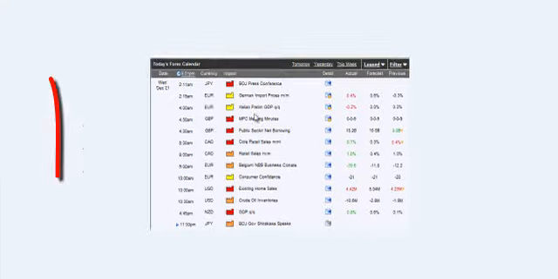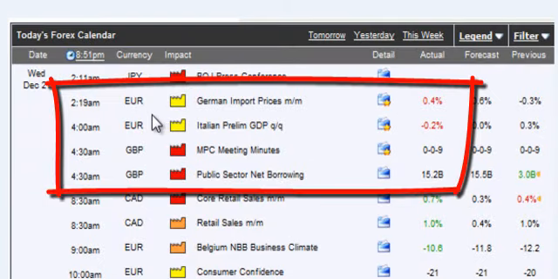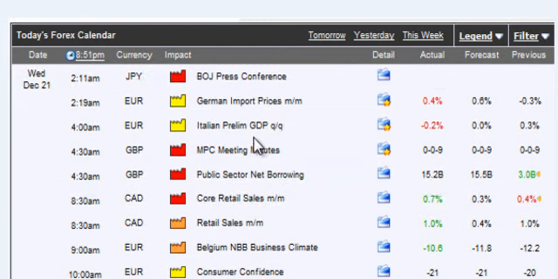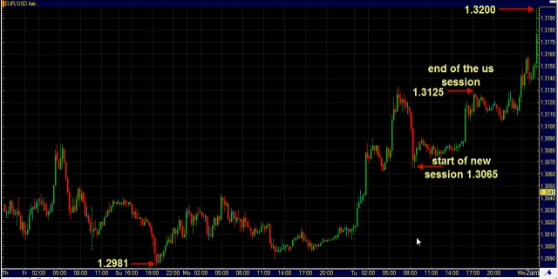Here you can see the report was the euro German import prices as well as the Italian GDP quarterly, and they were both negative. If the price was negative, this should probably impact the euro as well as the British pound and the Aussie negatively because they trade very similar and there's a correlation amongst the three.